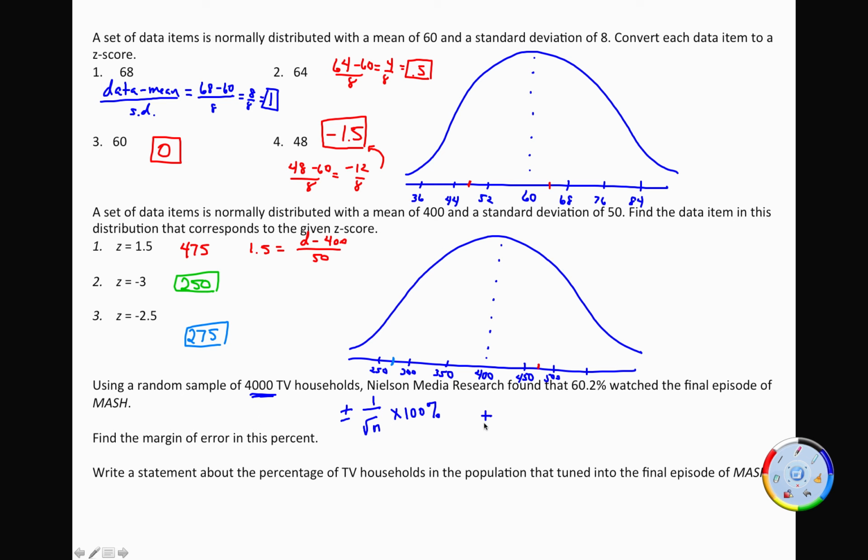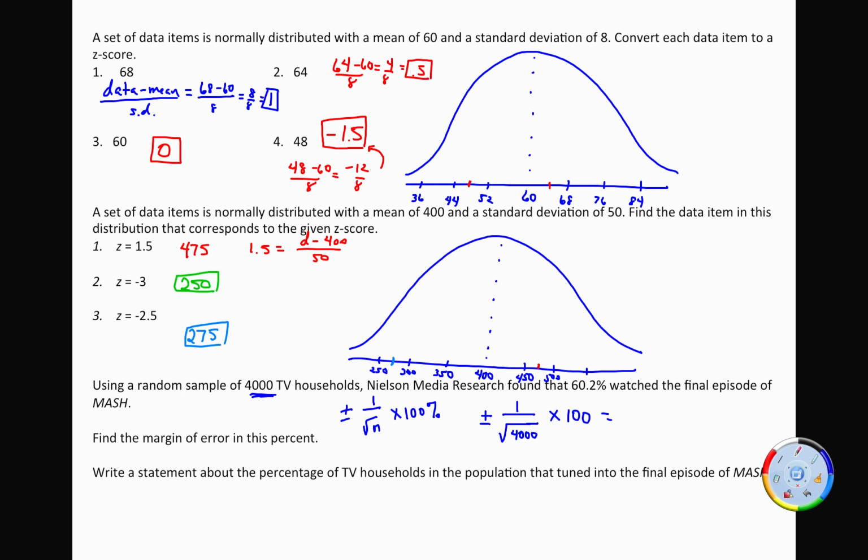So all I have to do is put plus or minus 1 over the square root of 4,000, multiply it by 100, and add my percent sign. And of course you don't put the plus or minus in your calculator, right? 1 divided by the square root of 4,000 times 100 gives you 1.58.